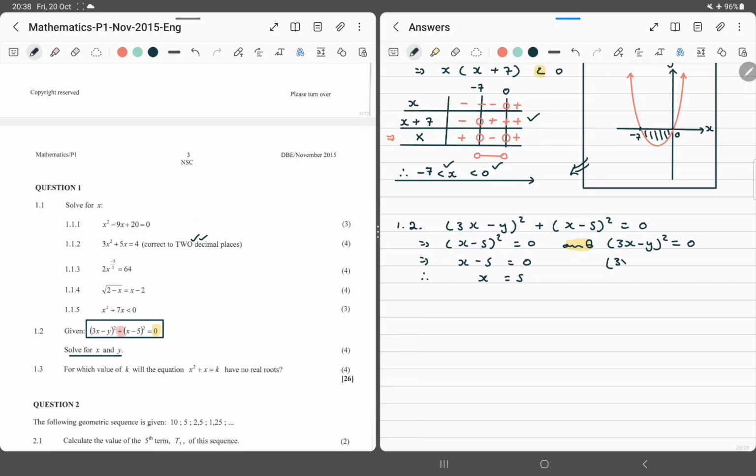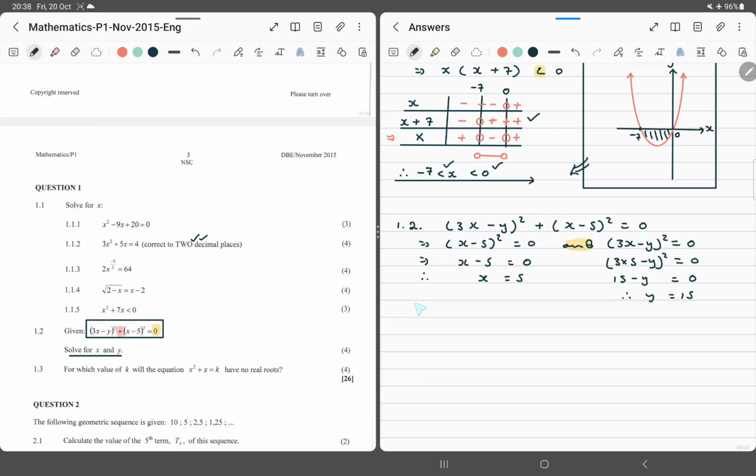It's going to be 3 times 5 minus y all squared equal to 0. Take a square root, we have 15 minus y is equal to 0, because we can't have a plus or minus 0. Therefore y, when we transpose y to that side and rearrange, is 15.